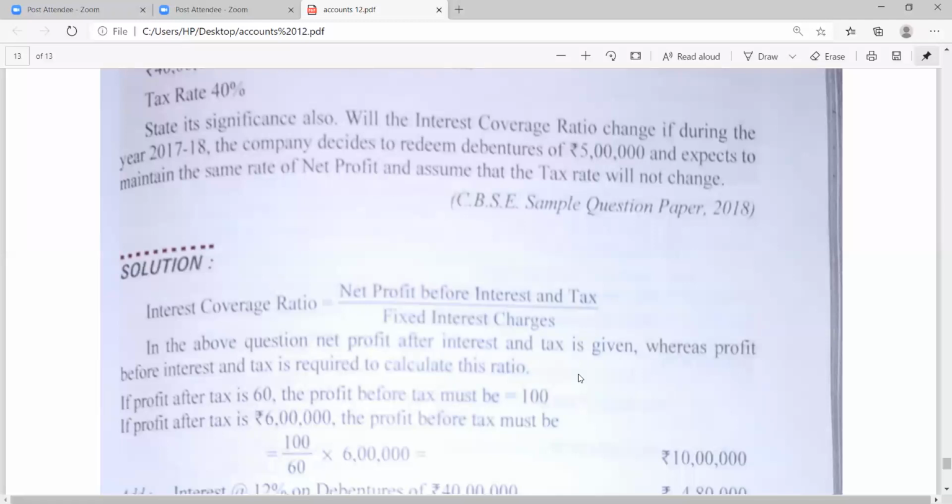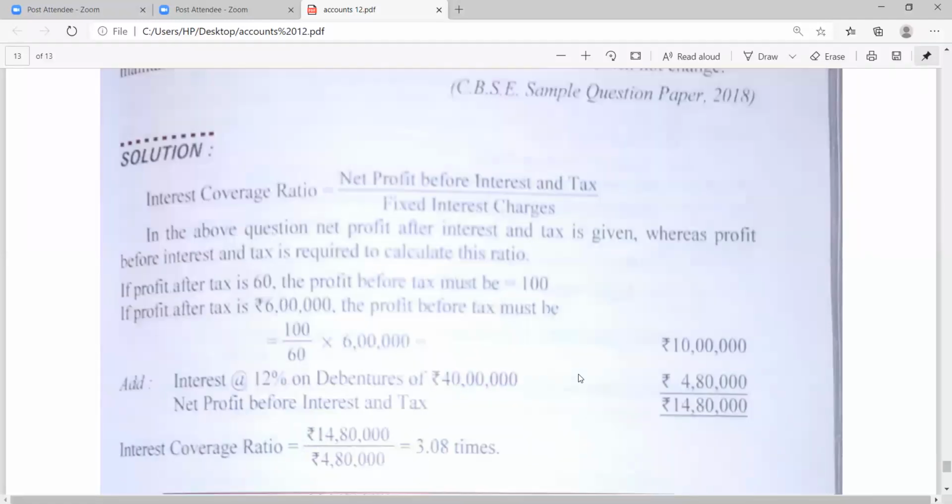Now we have to add interest here. How is the interest to be added? Don't forget, interest is to be calculated on the face value of the debenture. The debentures are of rupees 40 lakh. 12% interest is to be provided on the debenture. So 12% of 40 lakh will be 4 lakh 80,000.